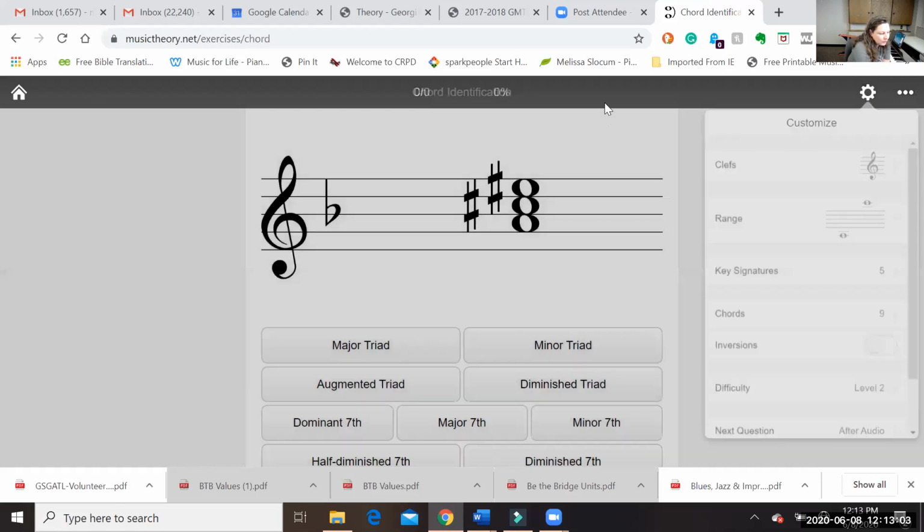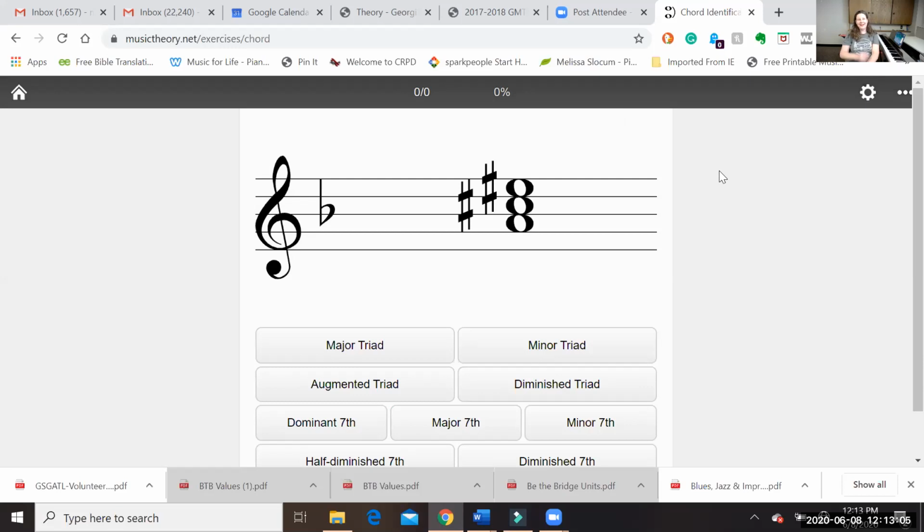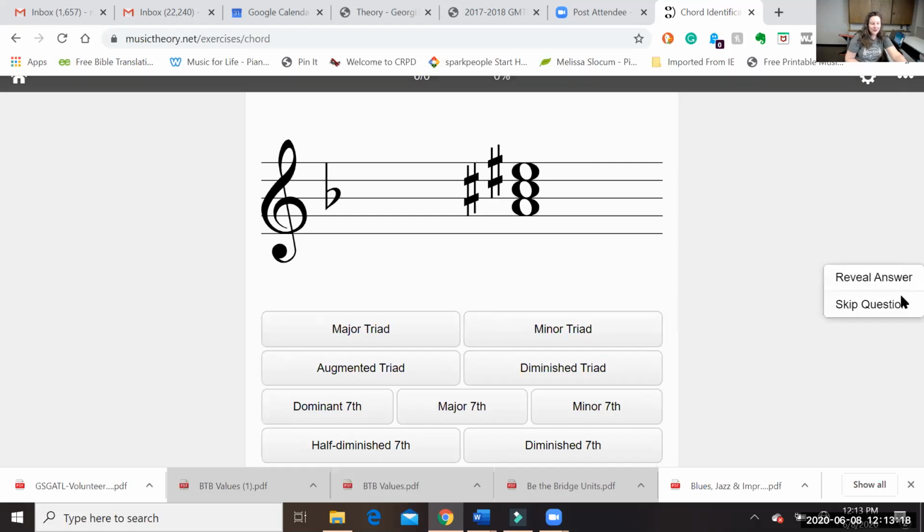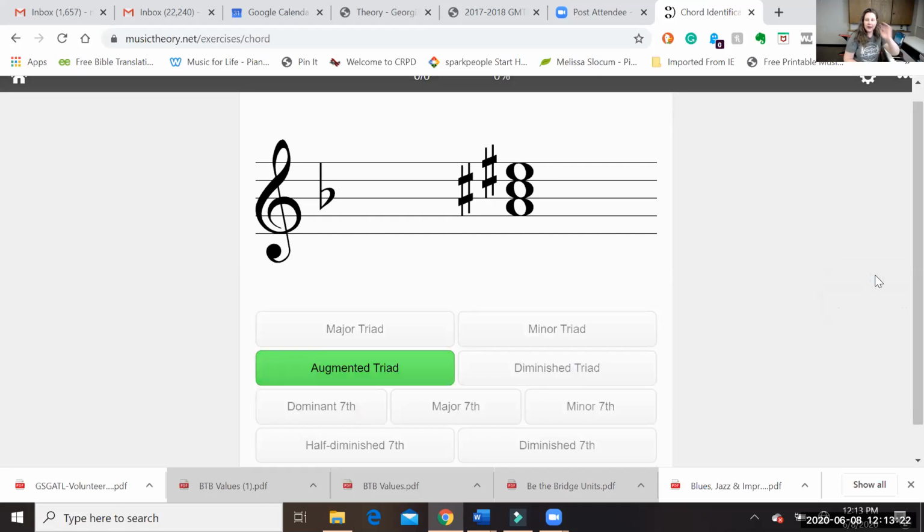Okay. Now there's also a great benefit in, even if you get a wrong answer, or if you look at something like this and you go, gosh, I just have no idea, it's okay to fail and it's okay to get the wrong answer, or you can say reveal the answer and it'll pop up and say augmented triad, and you can learn from that. So it's a good learning tool.